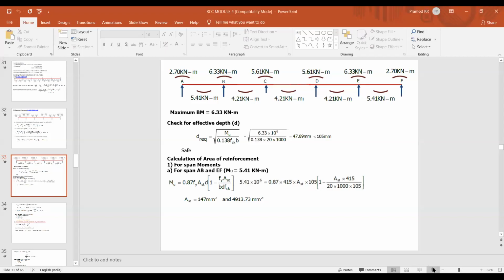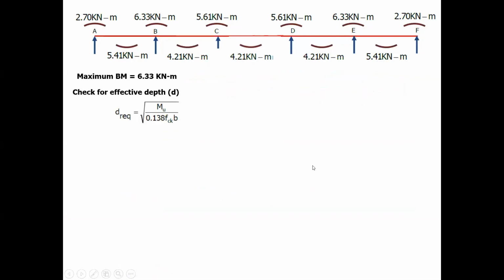Now? The screen is visible, sir. Okay. So 47.89, which is less than 105 mm, right? So it is safe. Yes.